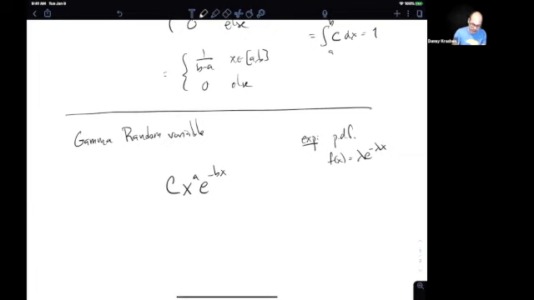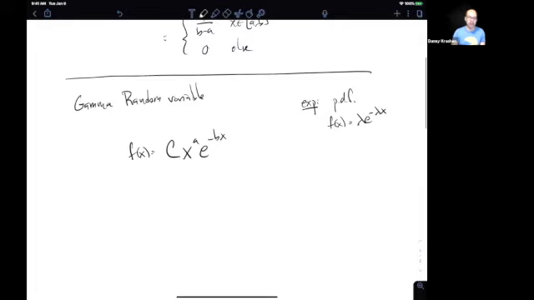So the probability density function is of this form, but for reasons of convenience, we're not going to use the letters a, b, and c for these constants. Well, what are we going to use? So we'll write f of x as x to the alpha minus 1, so alpha plays the role of a plus 1, times e to the minus x over beta, so beta plays the role of 1 over b.